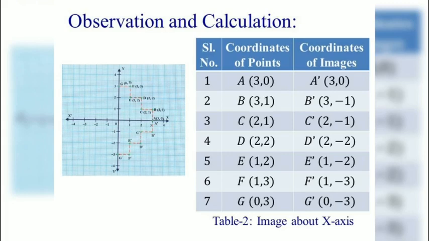D (2,2) mirror image is D' (2,-2). E (1,2) mirror image is E' (1,-2). F (1,3) mirror image is F' (1,-3). G (0,3) mirror image is G' (0,-3). So this is the observation of the mirror image of points A, B, C, D, E, F, G with respect to the x-axis.